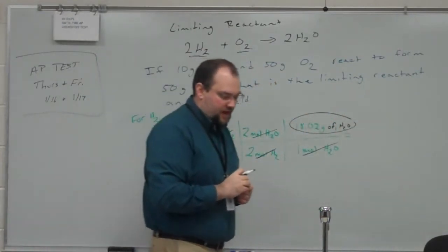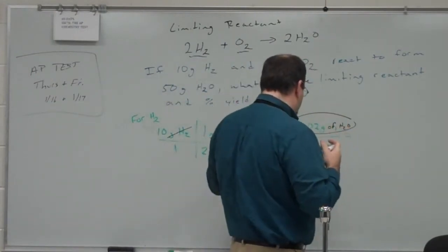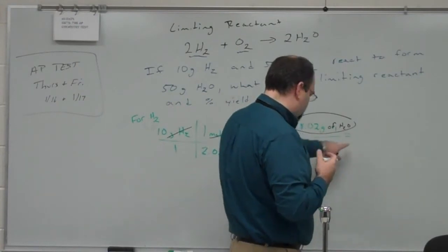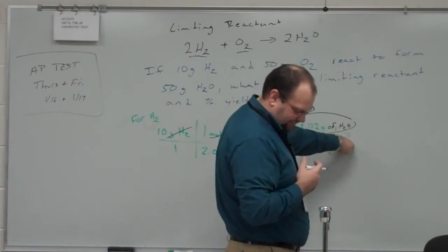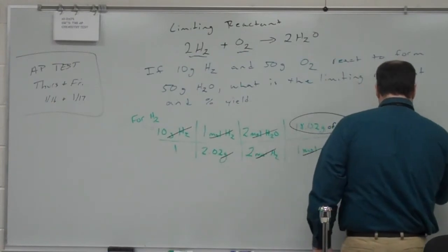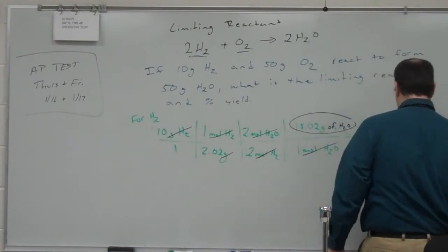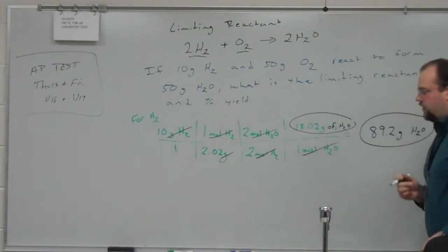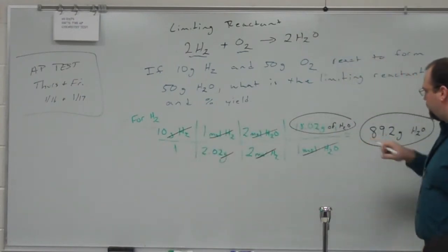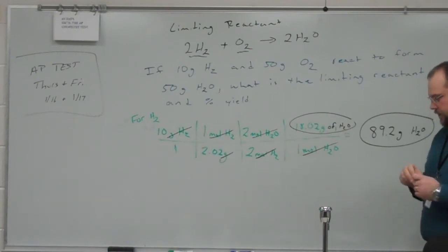So I do that math out and try it mentally. I think it's 89.2 grams of H2O. Okay, so given 10 grams of hydrogen, I should get 89.2 grams of H2O.